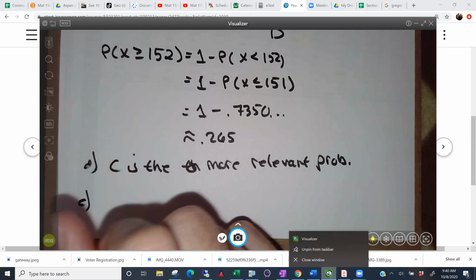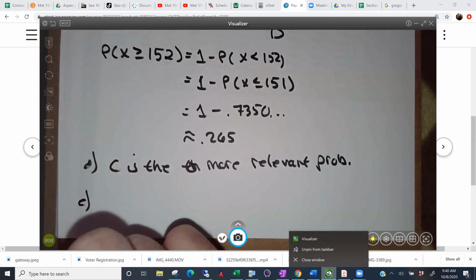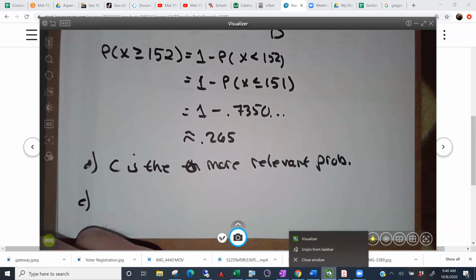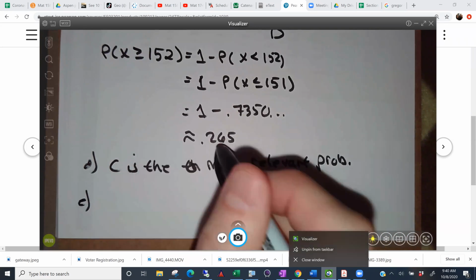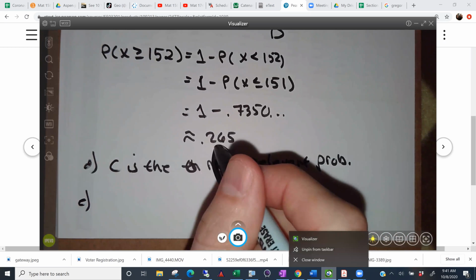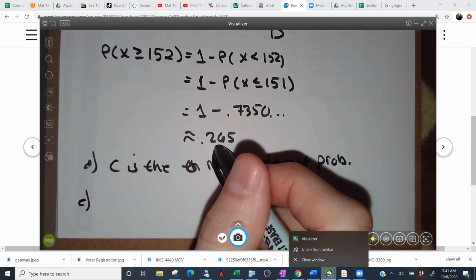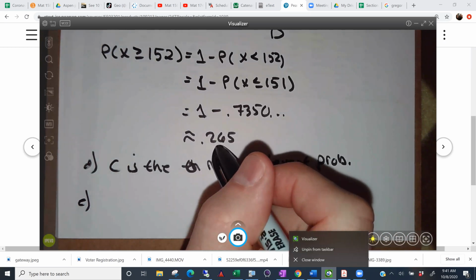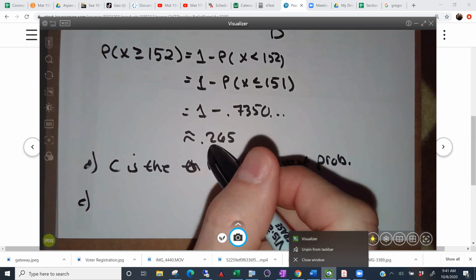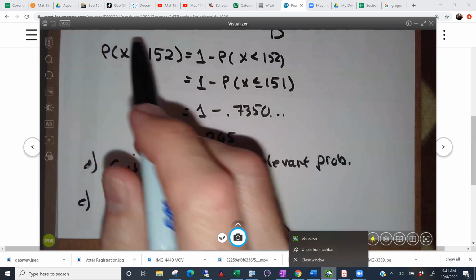And what we're going to do later on, especially with our hypothesis test and the rest of this course, is if we get a probability that's really small, less than either a 5% or 1% threshold, we're going to conclude that our assumptions were wrong.